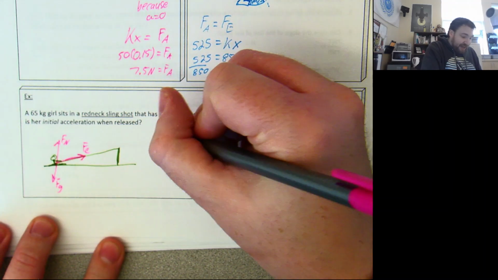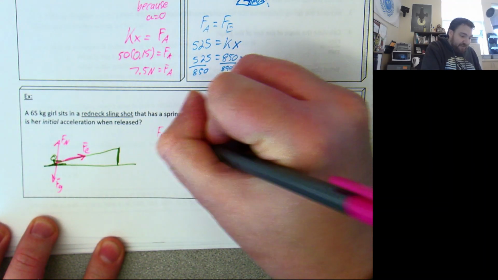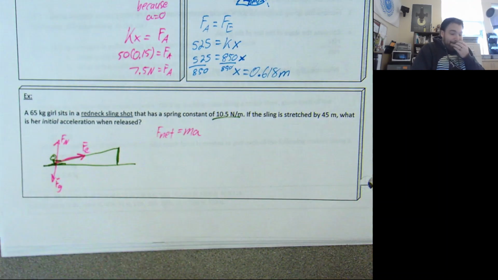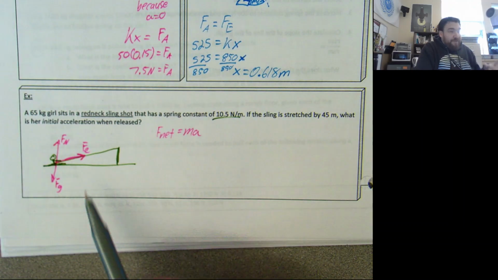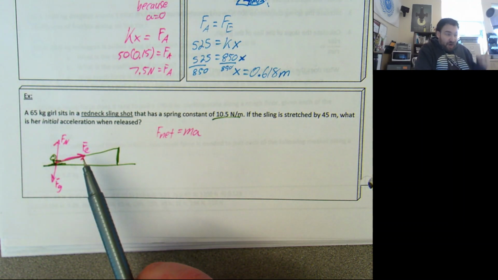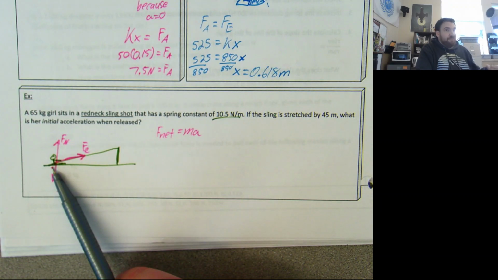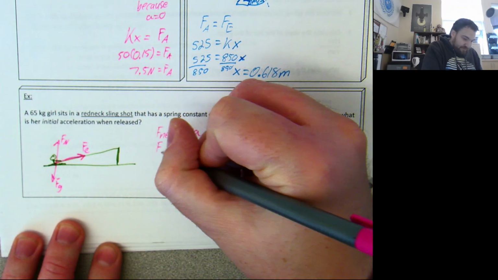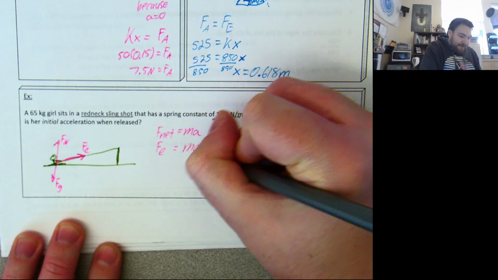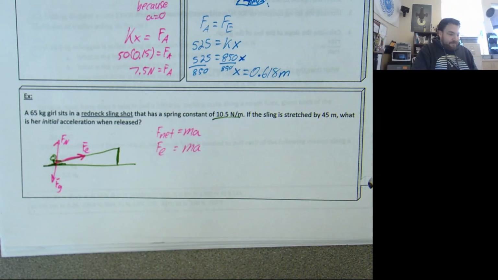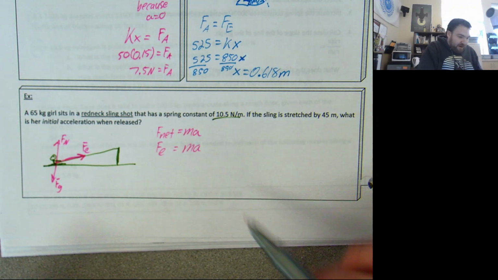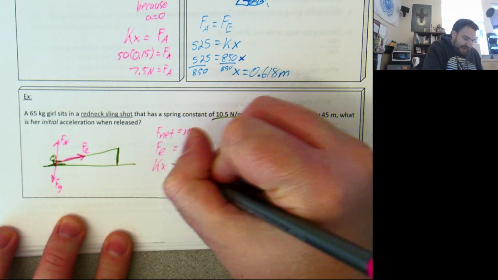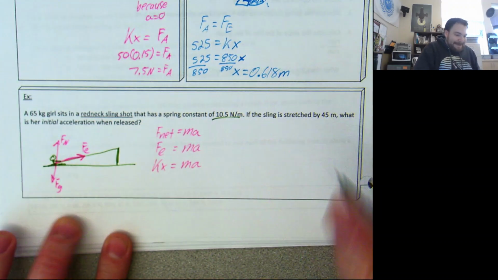So when we set this thing up to find her acceleration, if F net equals ma, the only force acting on her, causing her to move at the moment she's released, is that elastic force. So Fe is going to equal m times a. Well, elastic force is kx, so kx is going to equal ma.